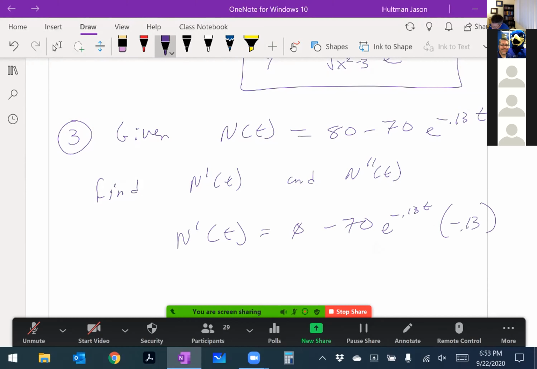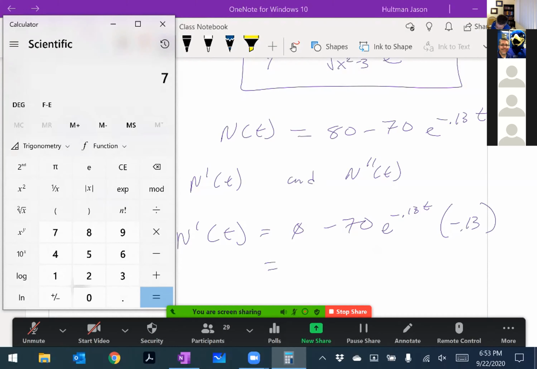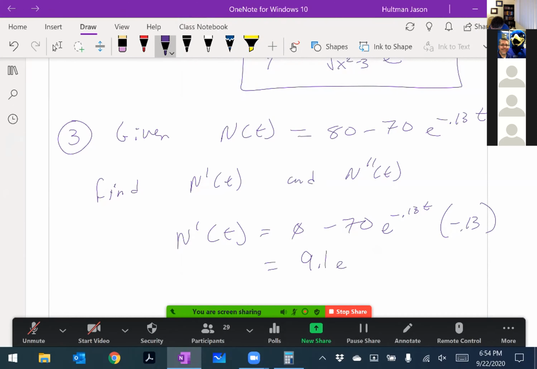This will simplify to a negative times a negative, which is positive. 70 times 0.13 is 9.1. So this is positive 9.1e to the negative 0.13t. That's N prime of t. That's kind of cool.